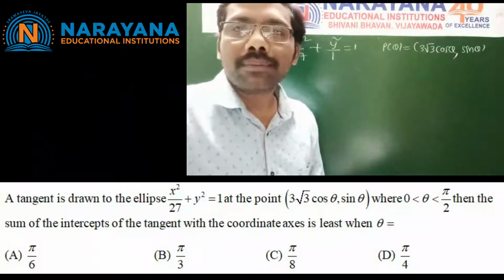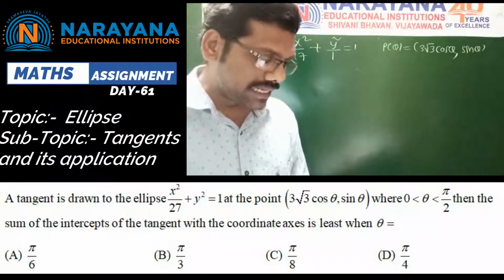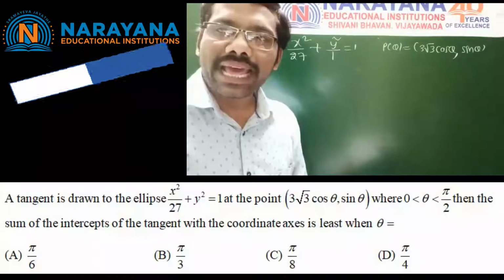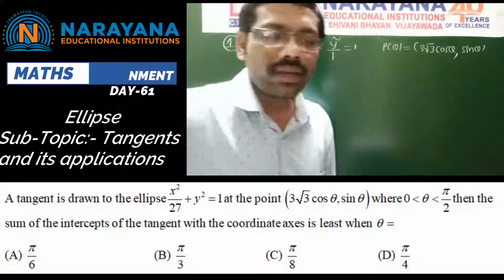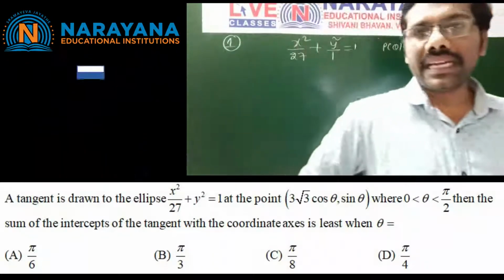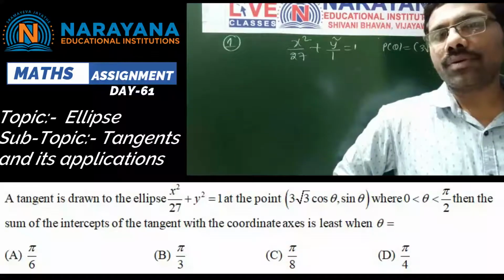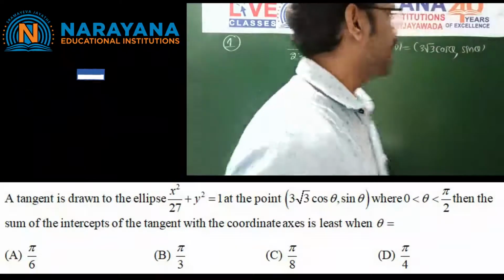Then the sum of the intercepts of the tangent on the coordinate axes is least. Now we have to find the value of theta.